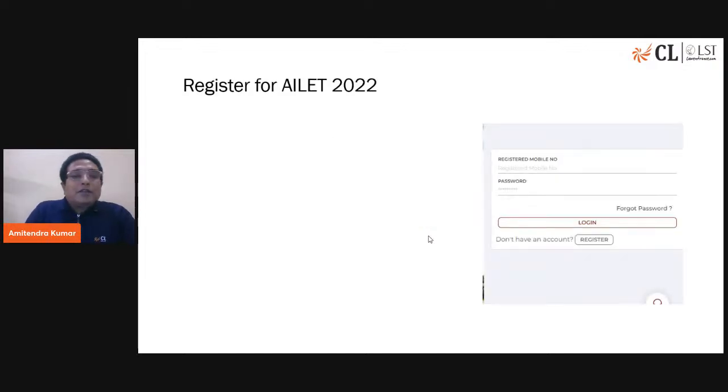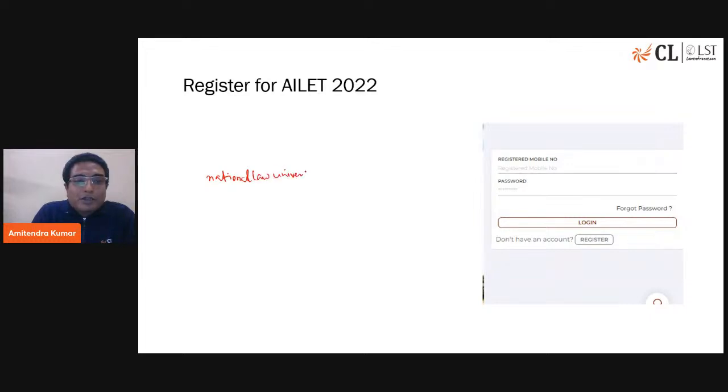Now, how do you go and fill the application form? The first thing, if you go on the home page, the application form is not available on the nludelhi.ac.in website. Rather, it is available on the National Law University Delhi website.